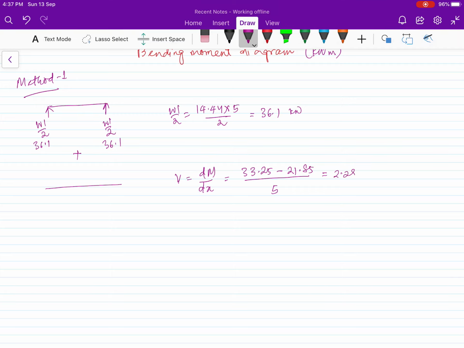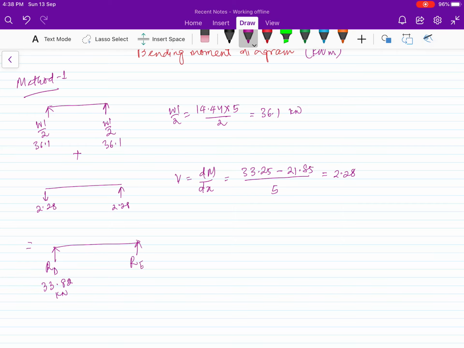So this is 2.28. We can take 2.28 downward and upward 2.28. So as you added this, RD will be 36.1, because this is downward, minus 2.28, you will get 33.82 kilonewton.